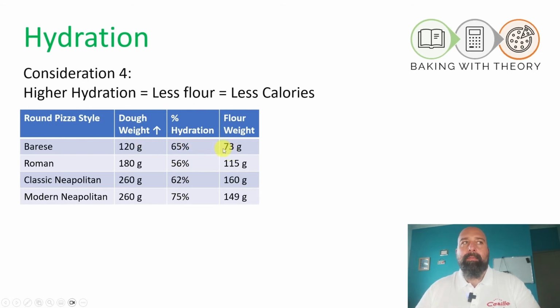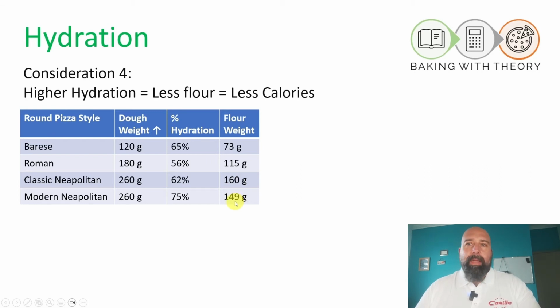So you can see that for the Barese we have 73 grams, for the Roman we have 115 grams, for the classic Napolitan we have 160 grams, and for the modern Napolitan, as you can notice, the size of the dough is exactly the same, but because we are changing the hydration, we are reducing the amount of flour.